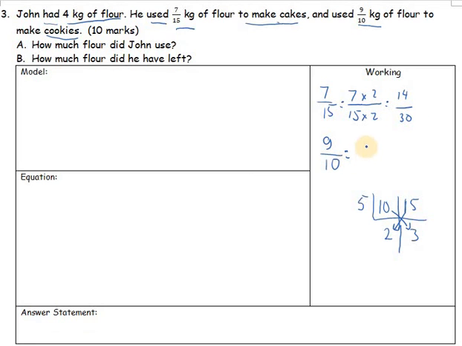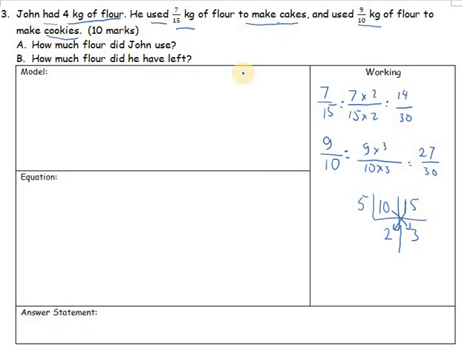And then 9 out of 10, copy the fraction again, multiply the 10 by 3, and the numerator also by 3, and we have 27 out of 30. Now we have the fractions in the same denominator.